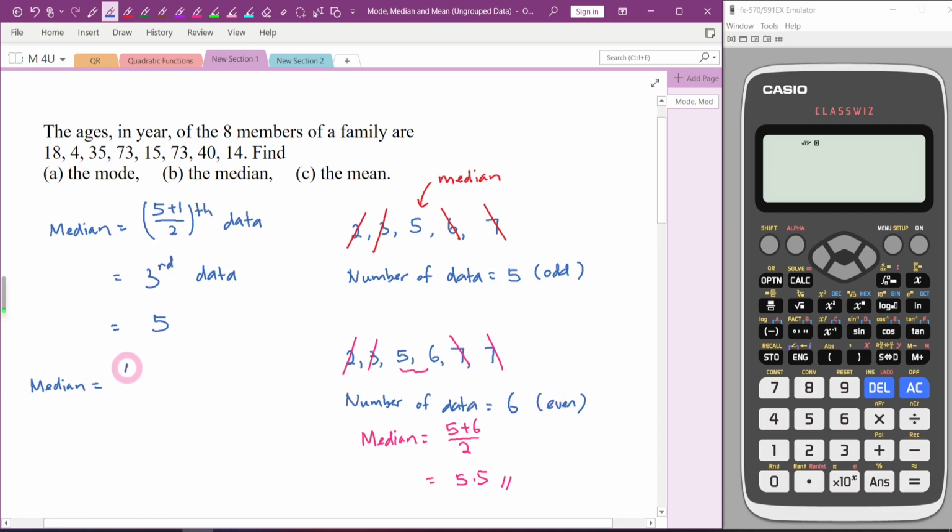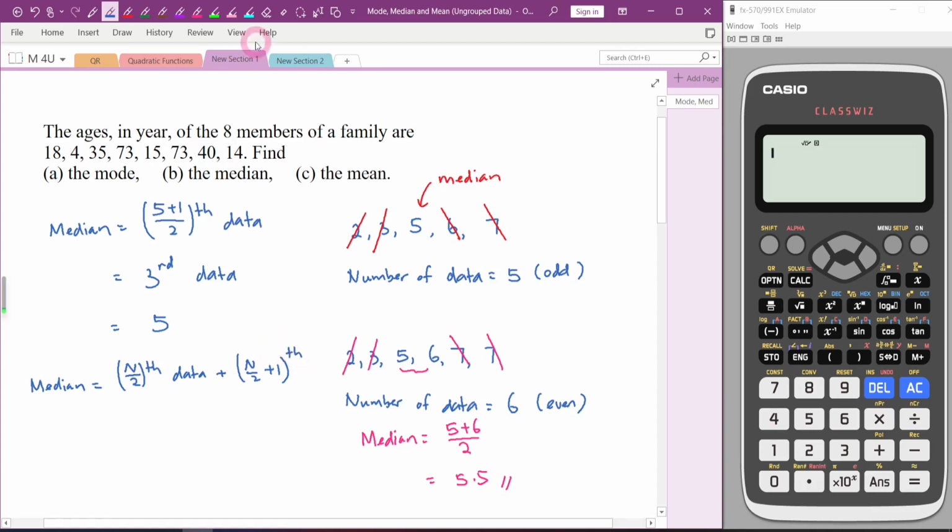So we use this formula n over 2 data or value or observation. Okay, n over 2 plus 1 means that the next of this data, the next data after this.